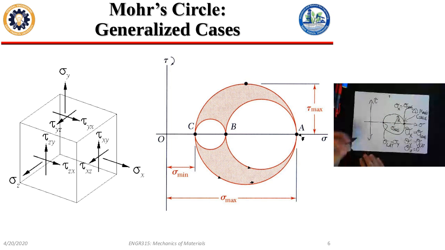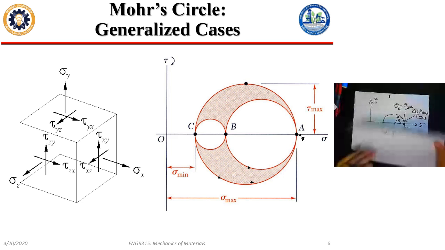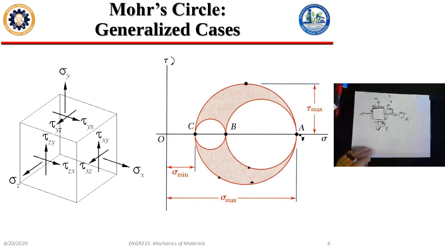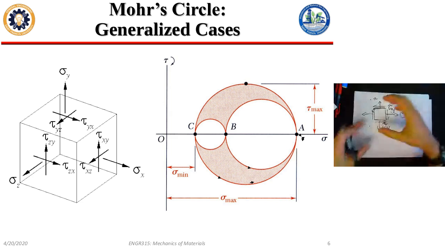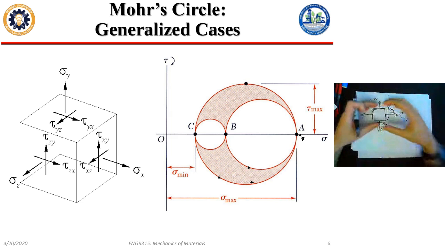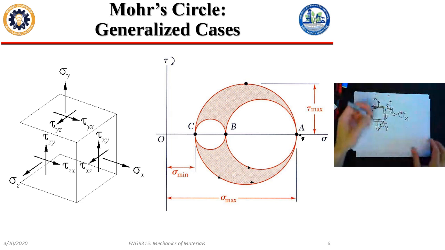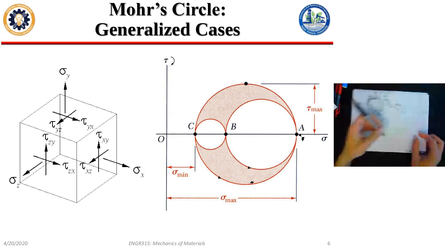So if I look at my stress cube, which is truly a cube now, if I look at it from this direction, I see a sigma x and a sigma z. I'm going to pick this cube up and I'm going to turn it.